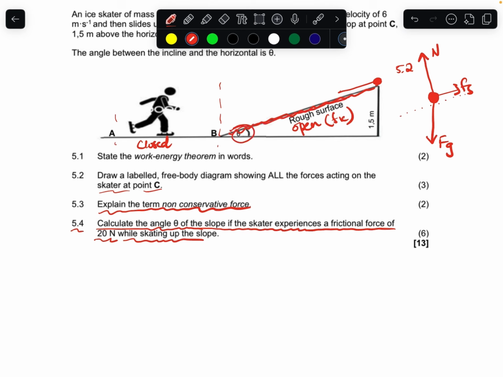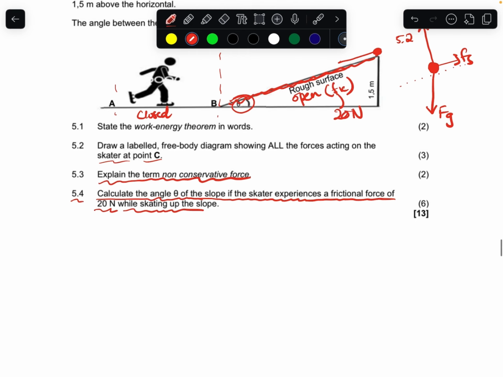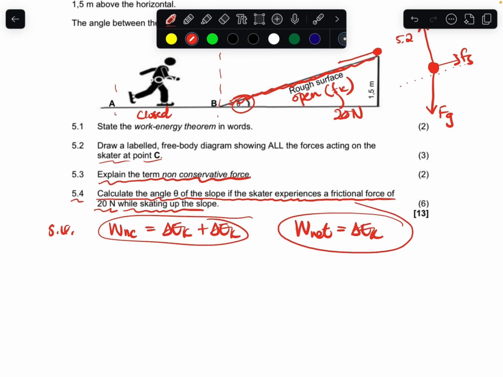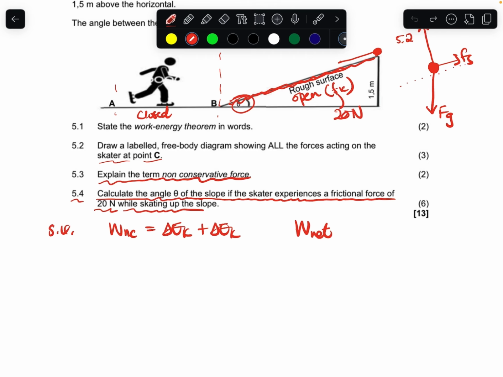What I'm going to use in 5.4 is the work done by non-conservative forces, which is change in EK plus change in EP. It's going to give the same answer as when using the work energy theorem. Both of these are the work energy theorem, right? So it gives the same answer.